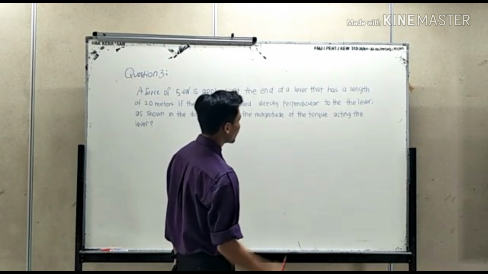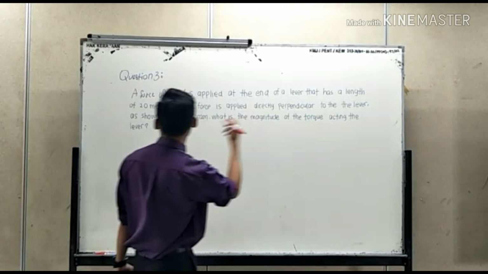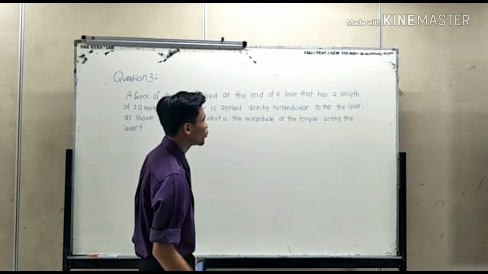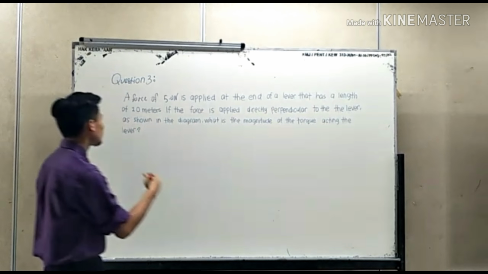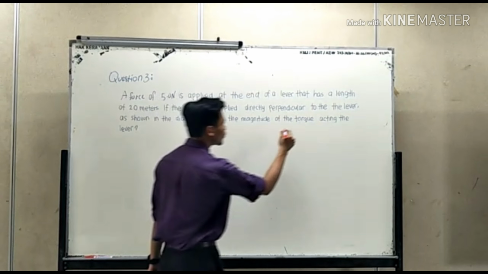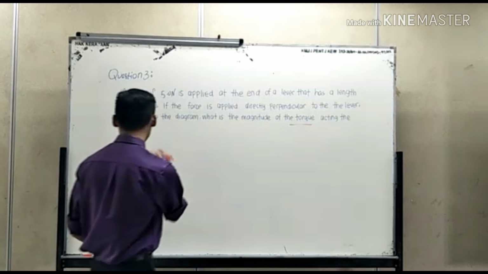At the end of the lever that has a length of 2 meters, if the force is applied directly perpendicular to the lever, then what is the magnitude of the torque acting on the lever?